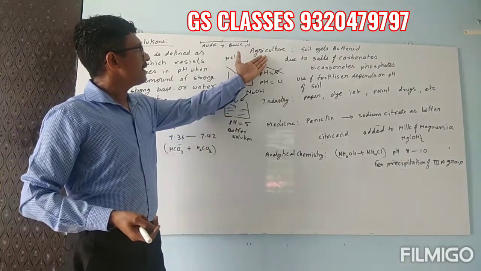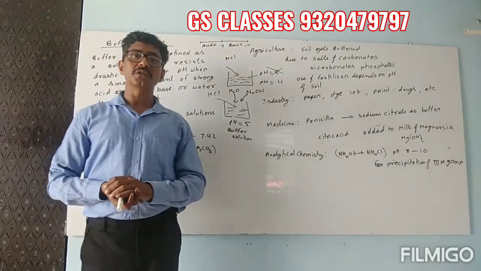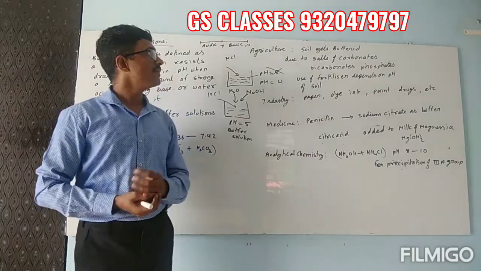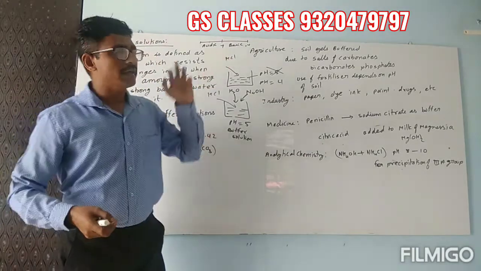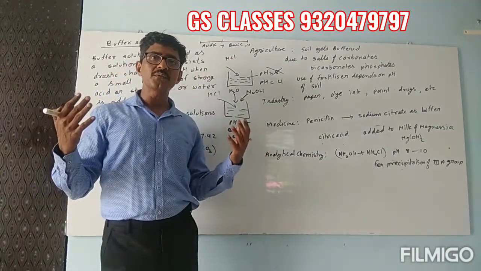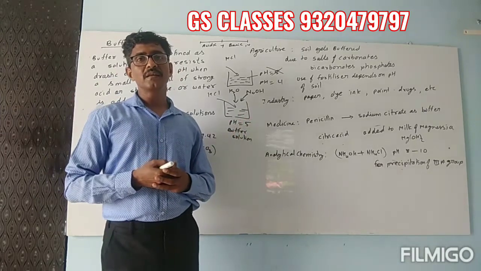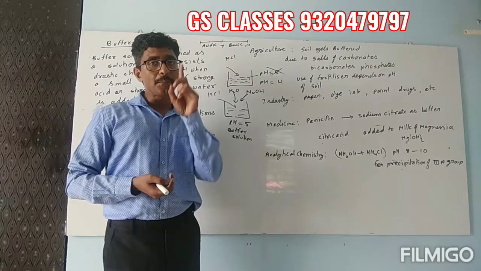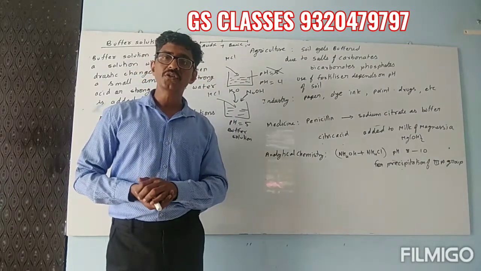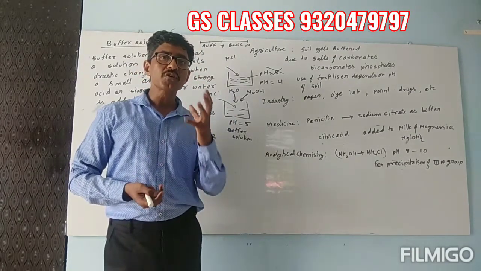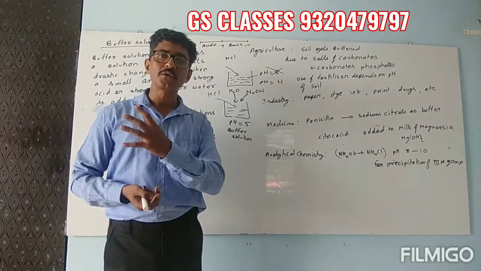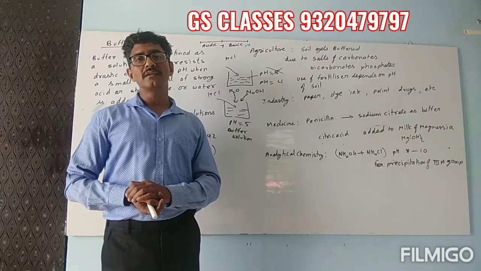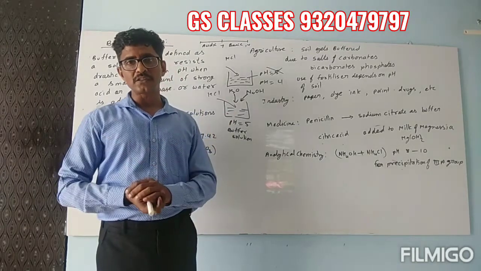Now, we will be seeing another application, that is agriculture. Very important process. Soil. All the soils are not the same. They have different values of pH. And depending on the pH value of the soil, the use of fertilizer depends. How does the soil maintain that pH?